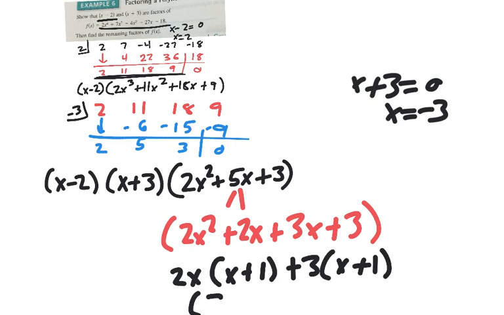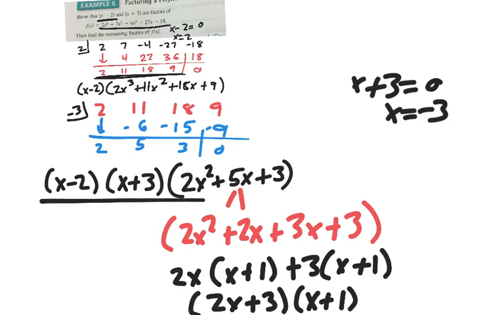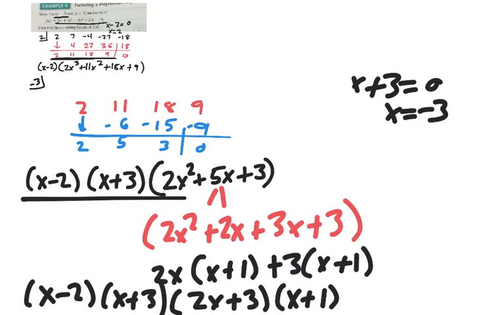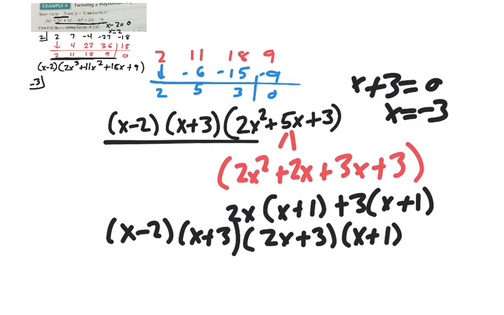Now then this factors to be 2x plus 3 times x plus 1. And then I have my original 2 factors that are here out front. So I also have an x minus 2 and an x plus 3. So now I have factored the polynomial completely using synthetic division. And then I use the A times C method once I got it down to a quadratic.